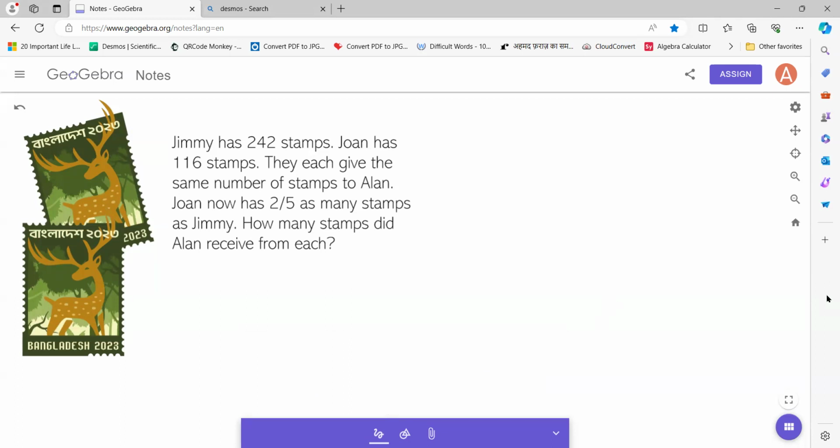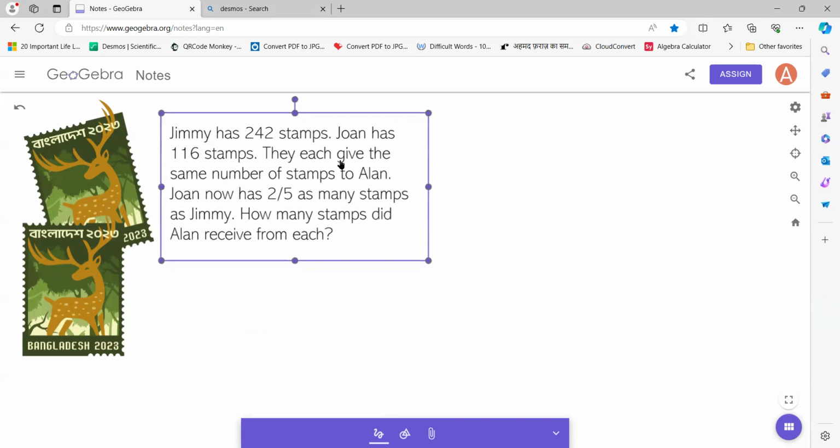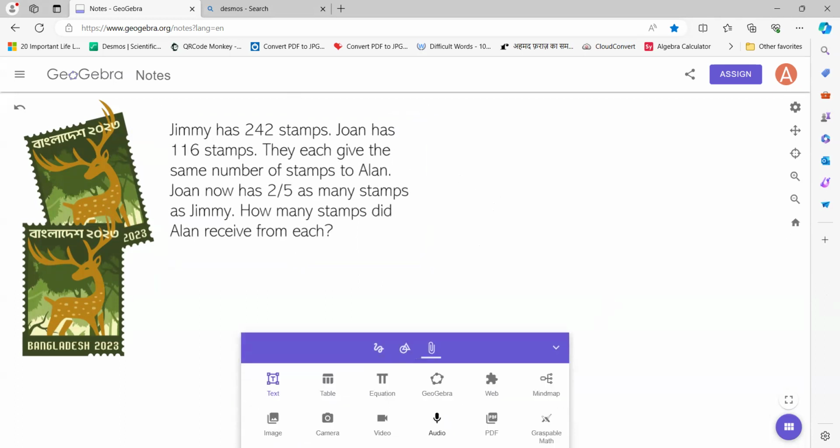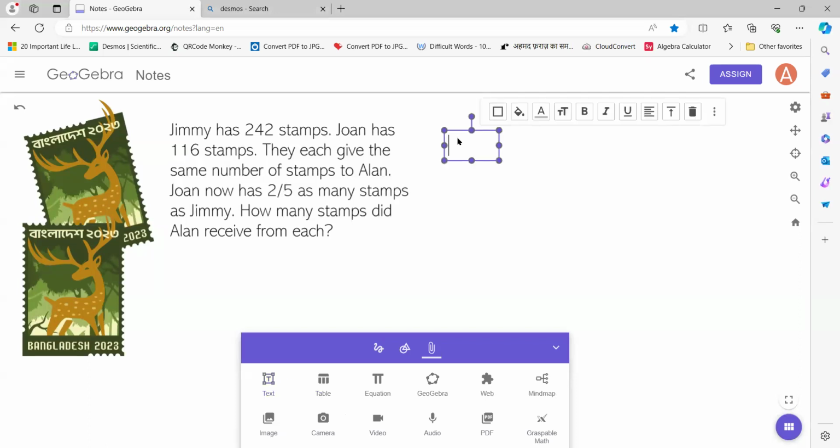Now, I'm going to work on this problem visually. Let me write down the two names, Jimmy and Joan.